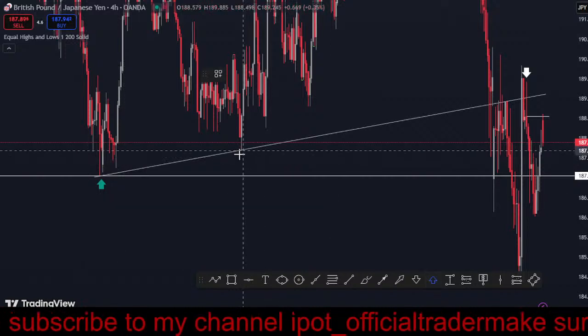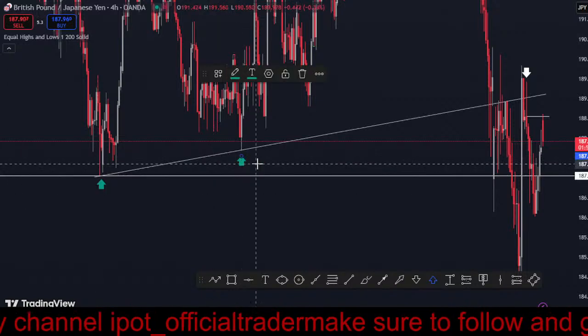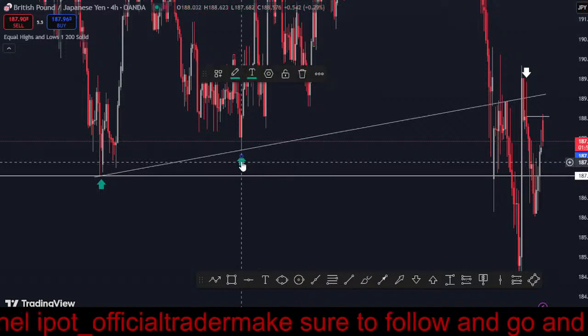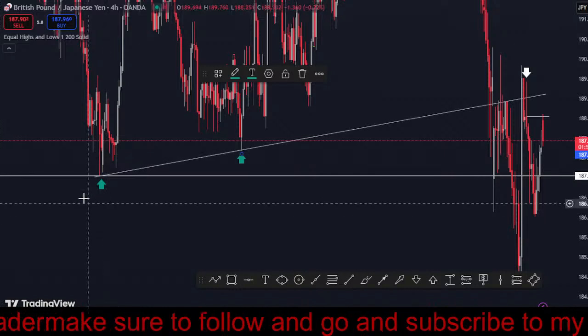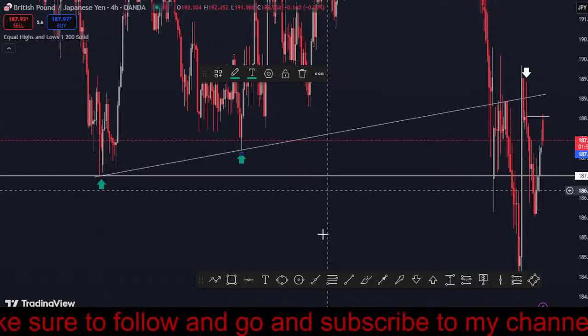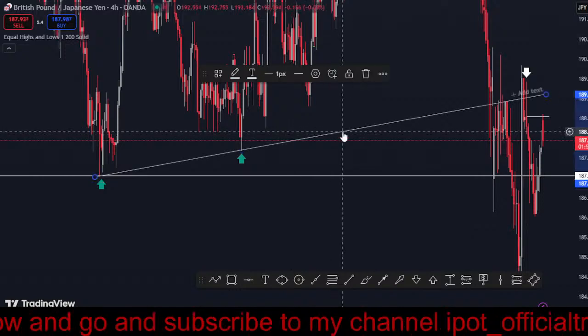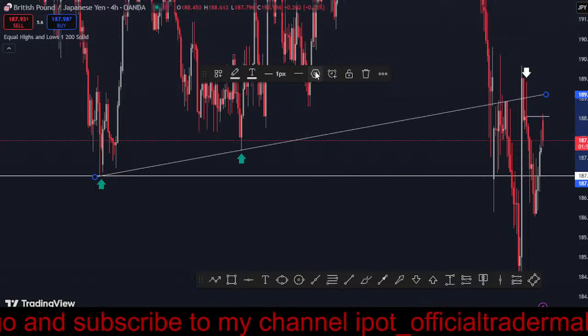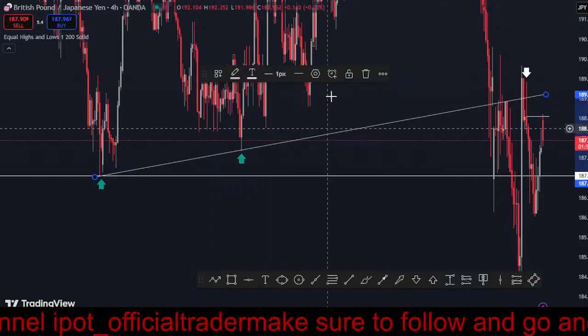So now this one is a strong low, this one is a weak low. The combination of a weak low and a strong low is that we're going to be having what we call a weak trend line.